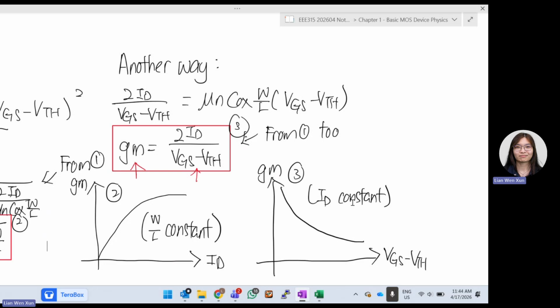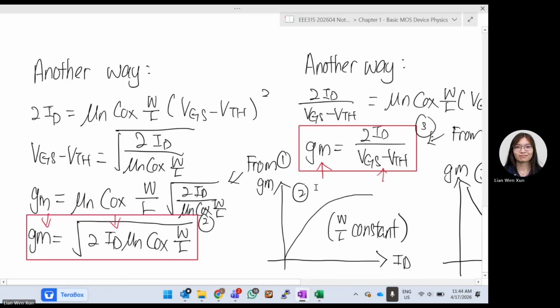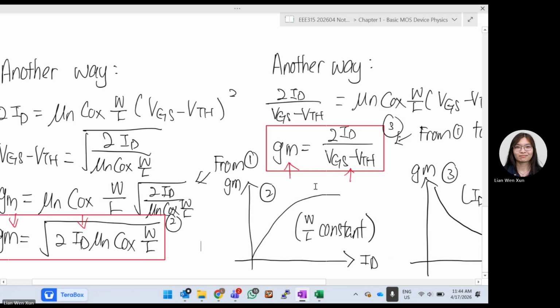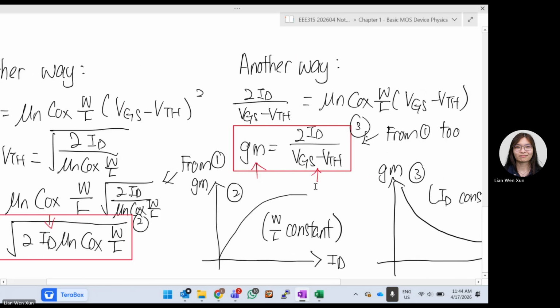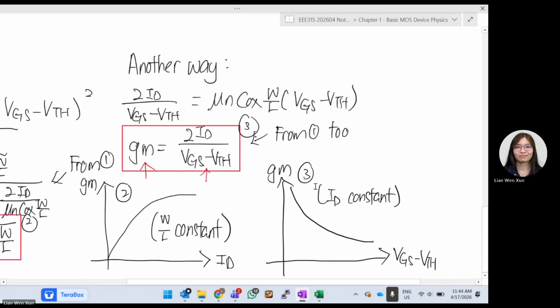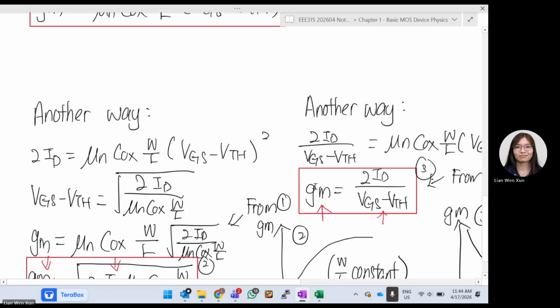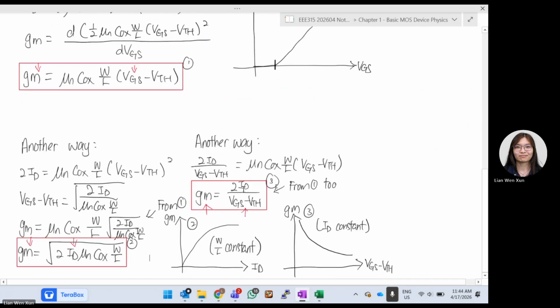The other one is, let me think, where am I now? 2ID over VGS minus VTH. Hold on.